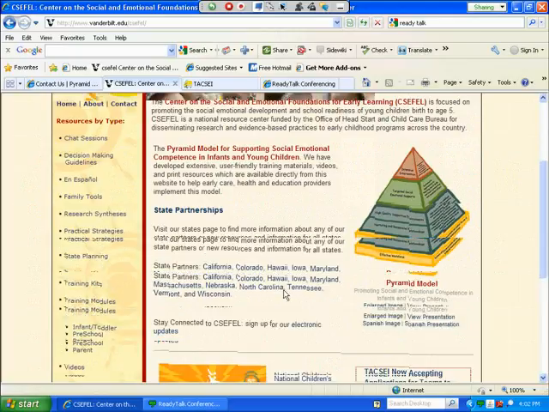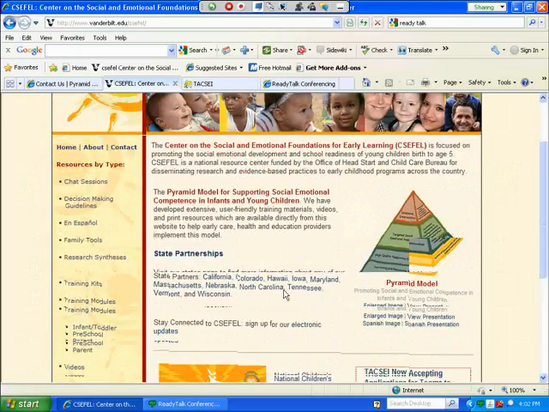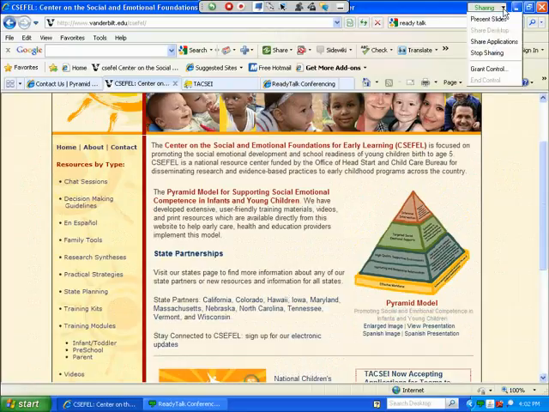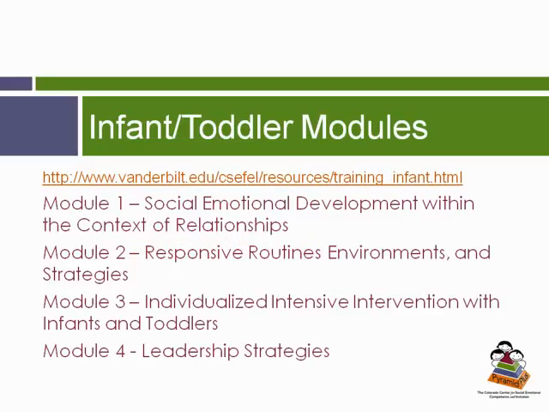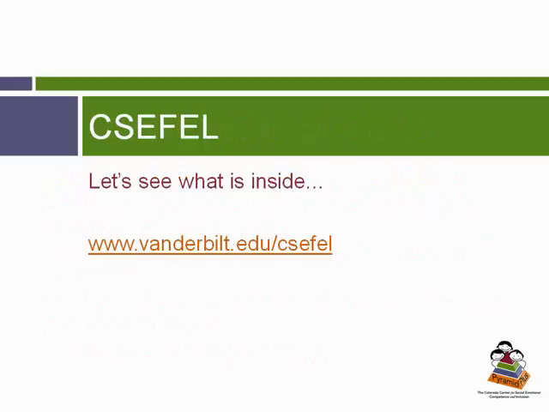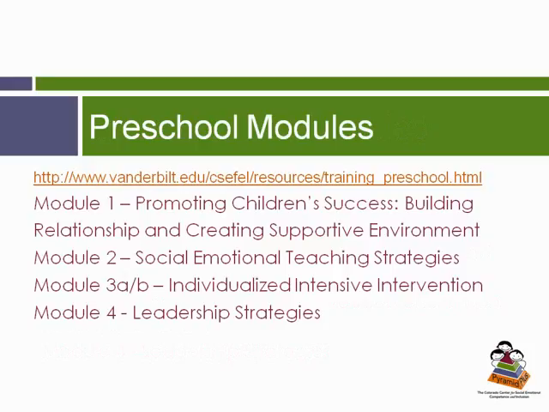So the first place that we're going to go to is our module training. And I'm going to flip back here quick. And you'll see that the module trainings are broken up into 4 modules. That's, oh, I'm sorry, that's infants. Let's go back. Oh, here we go, preschool.